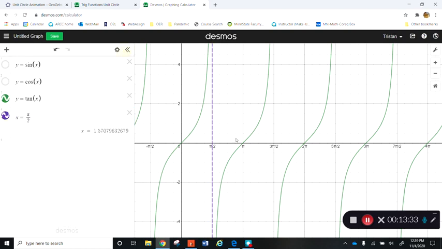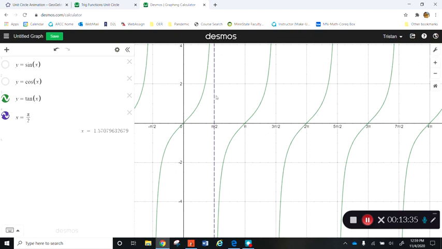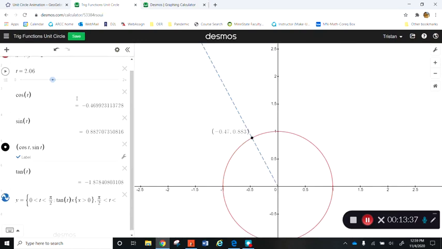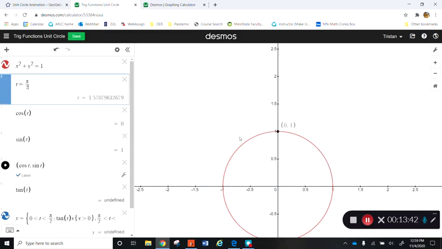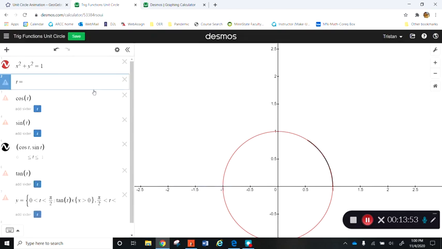The tangent function is undefined at pi over 2 because that vertical line you would get here, if you make the angle equal to pi over 2, that vertical line has an undefined slope. So the ray that I was attempting to graph down here, I can't even graph it. You see it sort of disappeared. It's undefined. Okay.